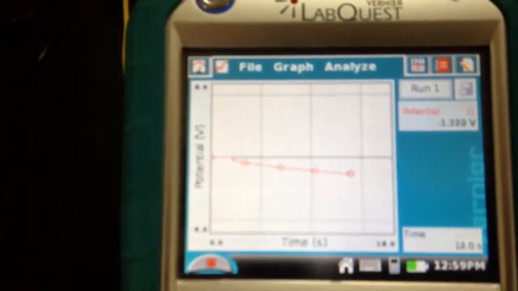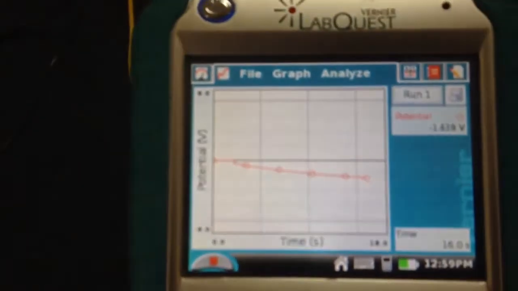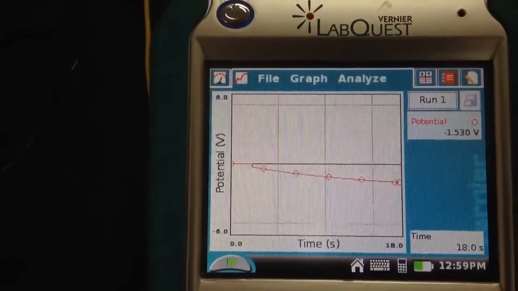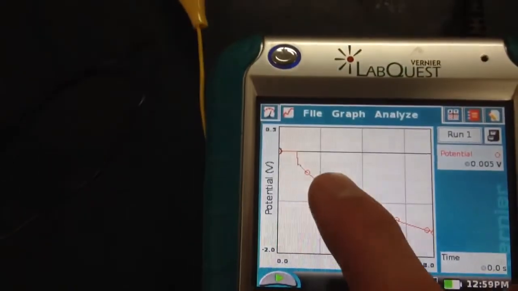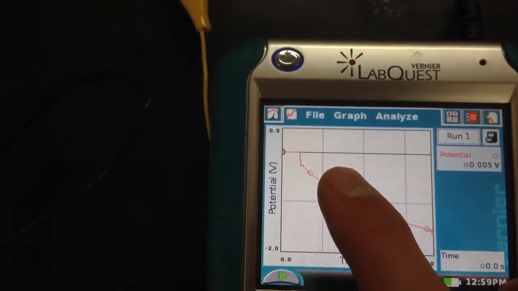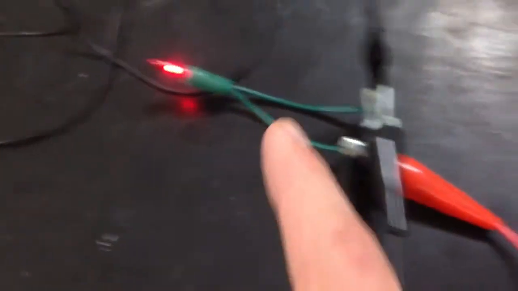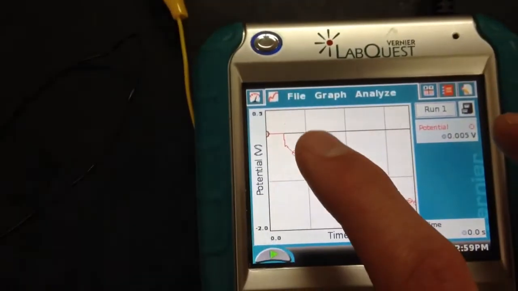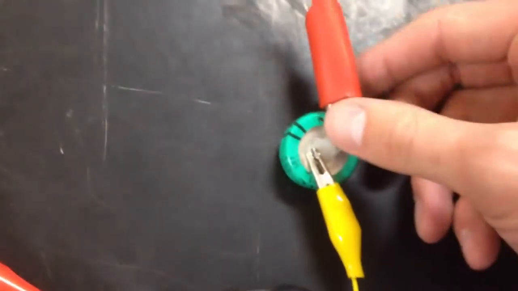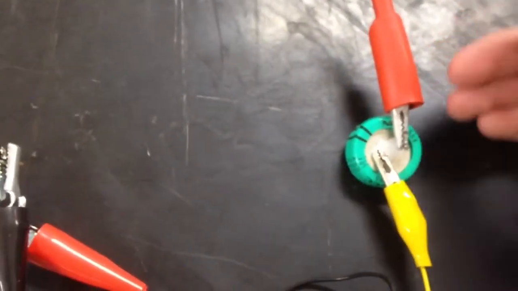And here's where it started with its potential. Okay, so I started with no potential in this light bulb here. And then it gradually increased in potential because this capacitor gradually increased in charge.